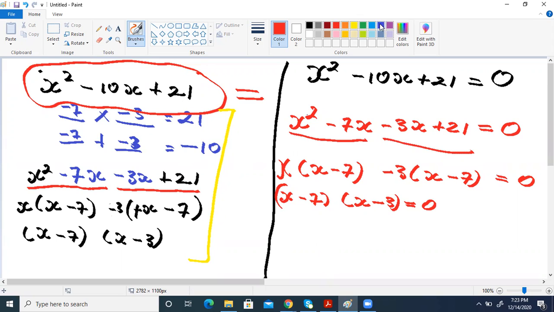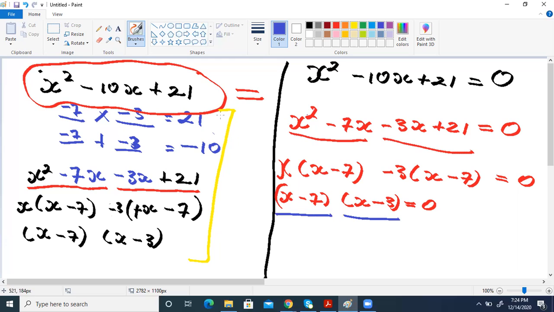Before you do that though, you need to appreciate that both of these are actually solutions to the quadratic equation, right? So usually when you work a question, an equation, you usually get one answer, yes? When you work a quadratic equation, there are two possible answers. So each bracket represents a possible answer.